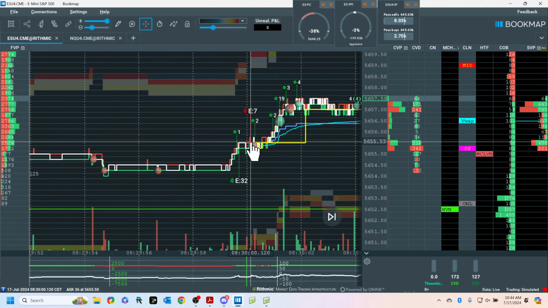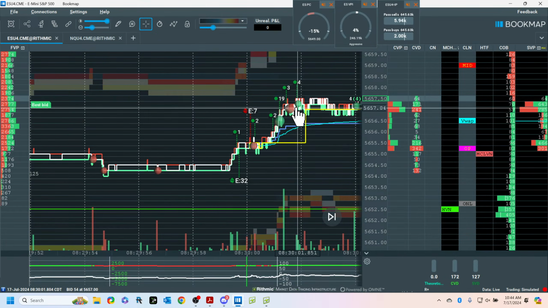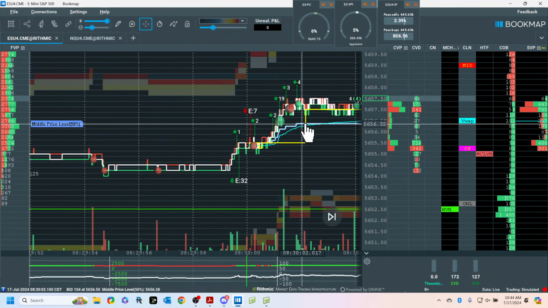that's the iceberg absorbed. I'm going to show you order flow while we're at this too. Hold on one second, I have to make sure everything is still functioning here. Okay. This is called VPOC migration.